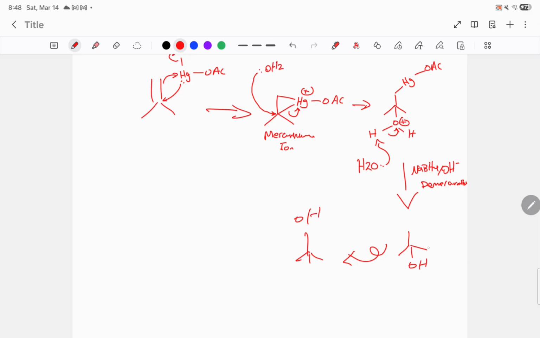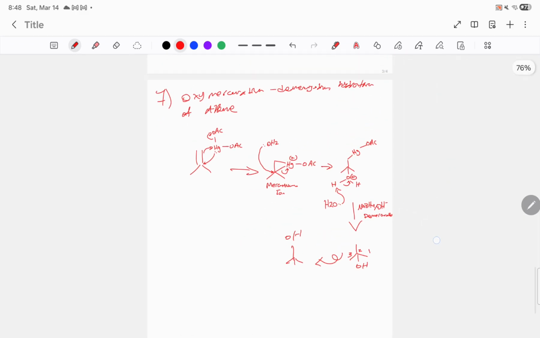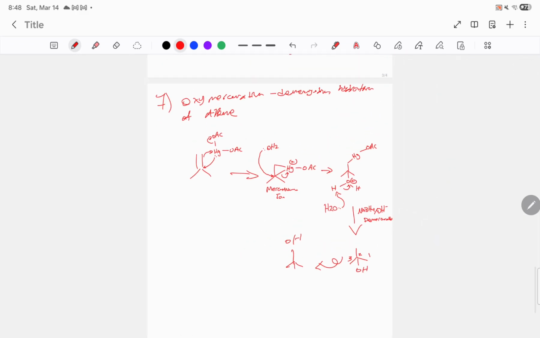Okay, again, prove to yourself 1, 2, 3 carbons still, right? There you go. This is it. Sorry, no, never mind. This is it. I got a bit confused there. But again, this is your product, and this is how you do an oxymercuration, demercuration reaction.